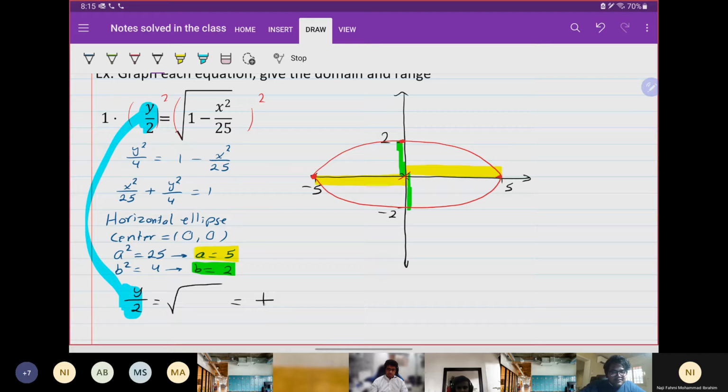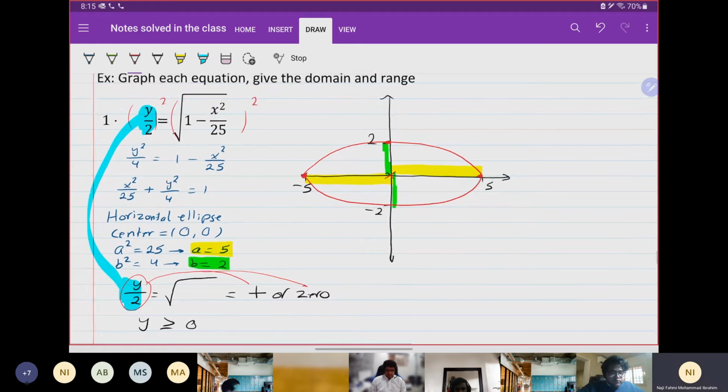Impossible. So this root is always positive or at least 0. So here, can I say that y over 2 is positive or 0? So can I say that y is greater than or equal to 0?